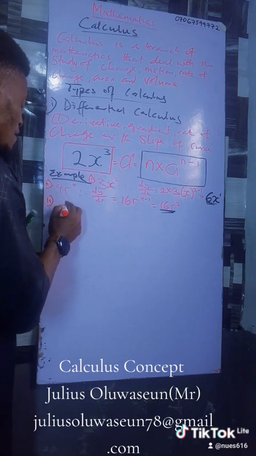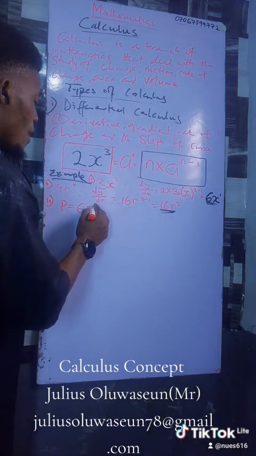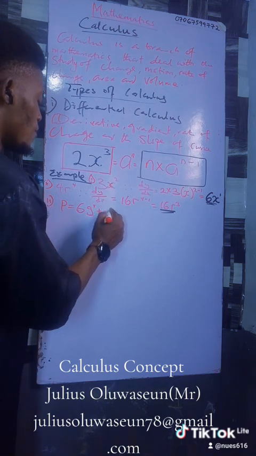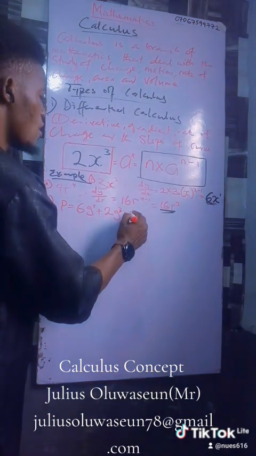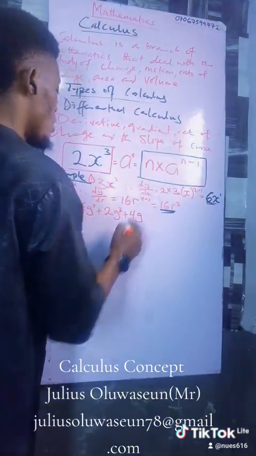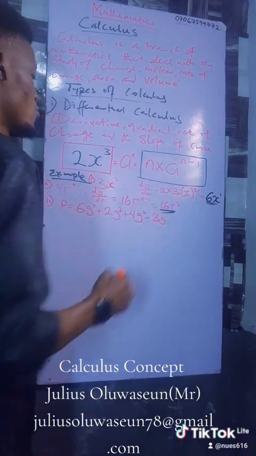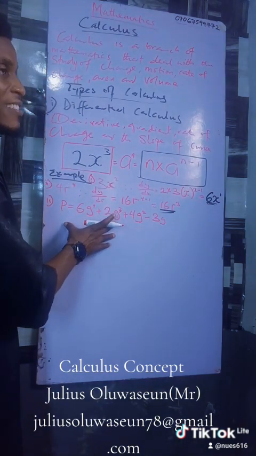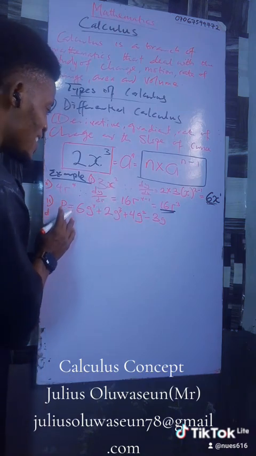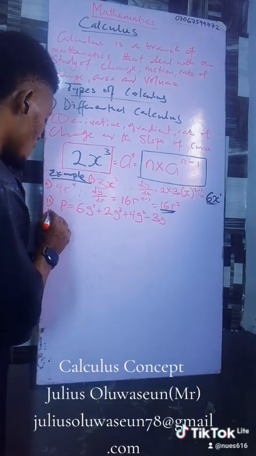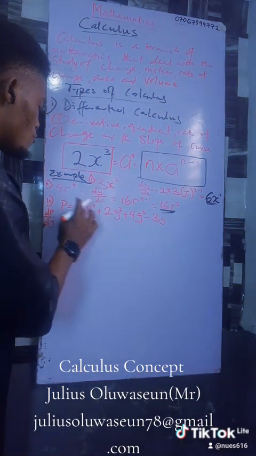Given that p is equal to 6g power 4 plus 2g power 3 plus 4g power 2 minus 3g, for you to differentiate this, it is not dy dx this time around. You are going to write dp over dg, because you are dealing with two variables, p and g.